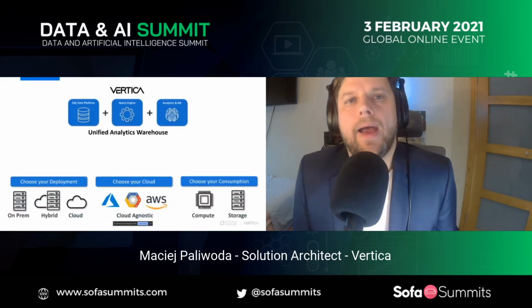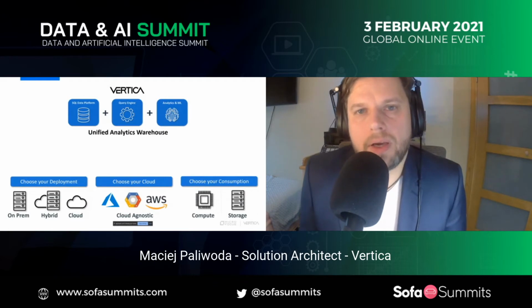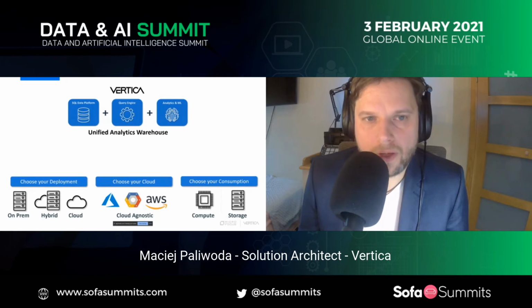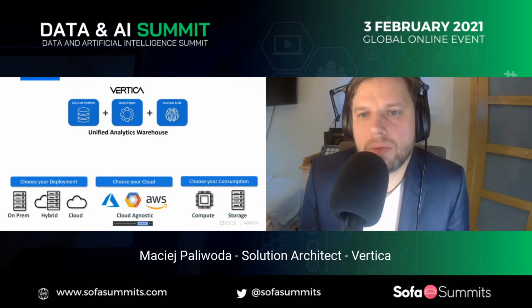Having such big functionality, at the same time Vertica is extremely easy to manage and easy to license. It gives you freedom to deploy. It could be on-prem, could be cloud, public, private, or hybrid. And Vertica allows you to choose your cloud operator.